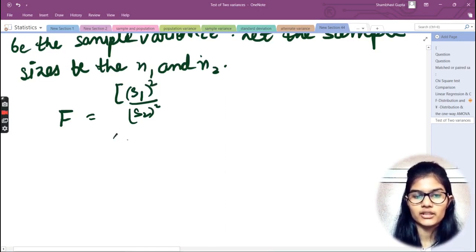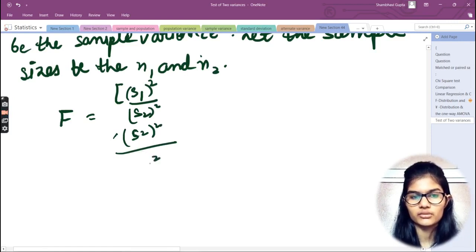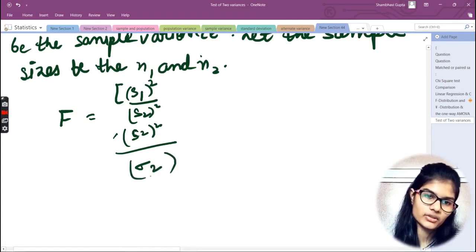Here I'll mention S2, S2 square divided by sigma 2 square. So this is the particular formula that we have: S1 upon sigma 1 and S2 upon sigma 2.